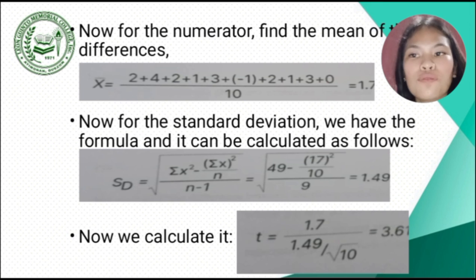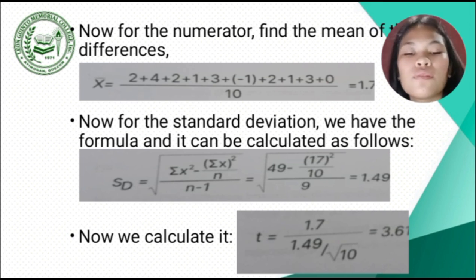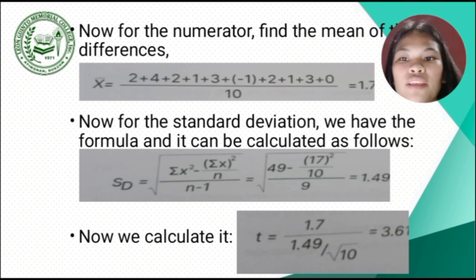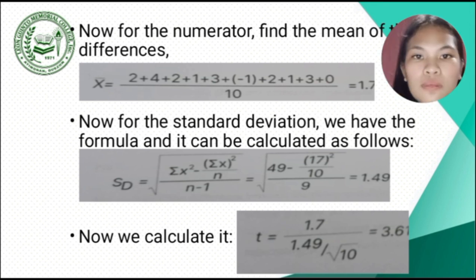For the standard deviation, we have the formula. It can be calculated as follows. The standard deviation is equal to the square root of the sum of x squared minus the square of the sum of data points over n, divided by n minus 1, which is equal to 49 minus 17 squared over 10, over 9, which is equal to 1.49.